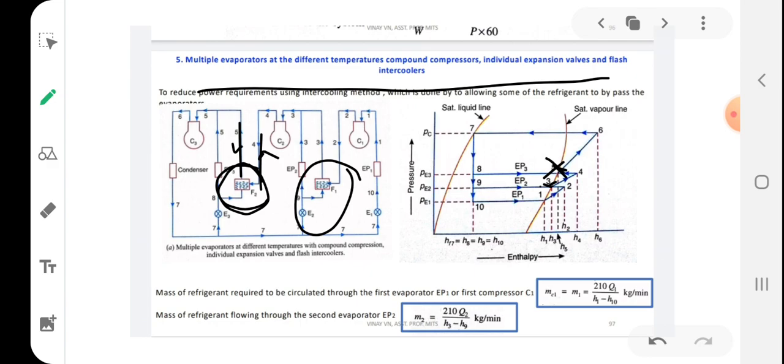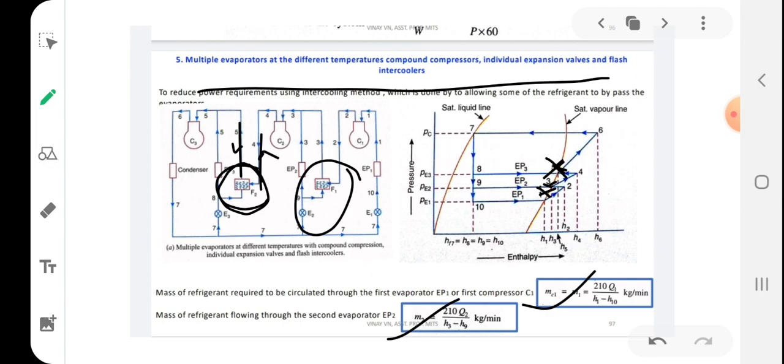That is why these points get displaced to the saturated vapor line, since it is desuperheated. The method of finding the mass flow rate through each evaporator remains the same, so no more explanation is required.